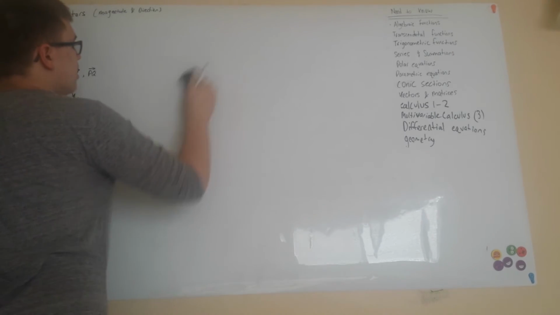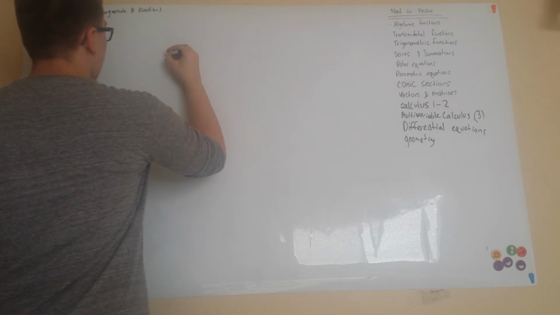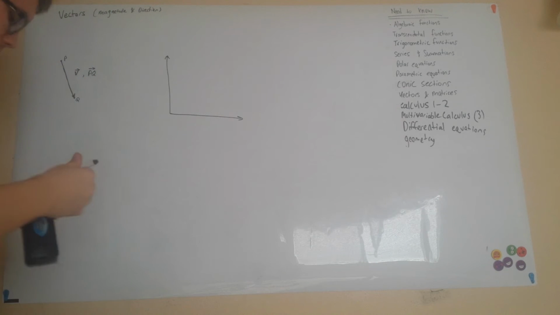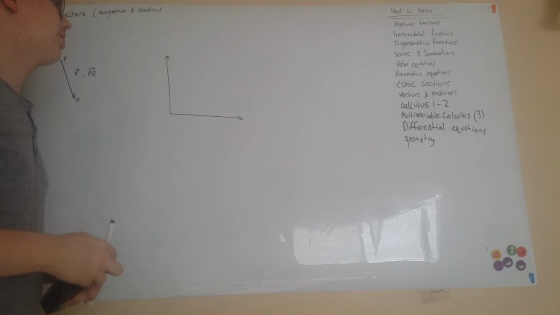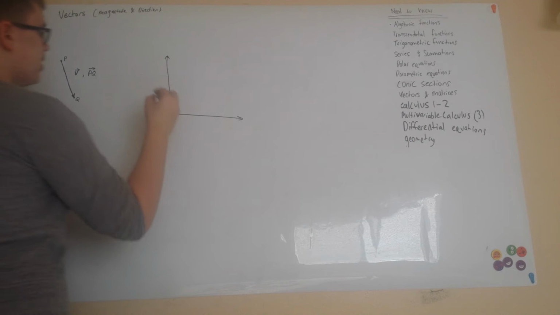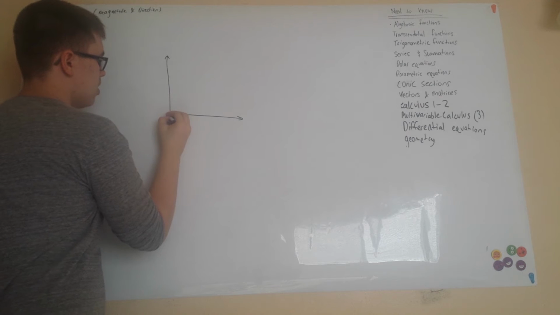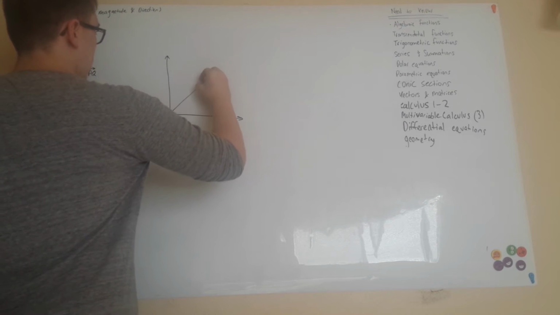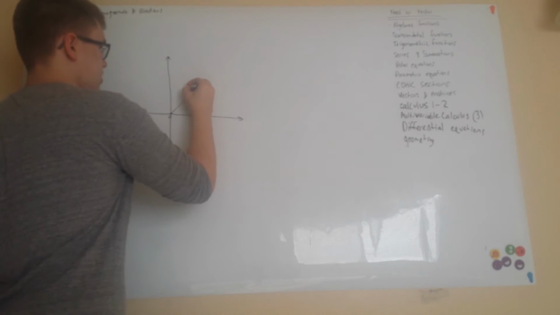Okay, so if we have an actual graph, and we're going to draw a special vector. So if we translate a vector over to where its initial point starts at the origin, and I'll draw all the axes. And if I draw vector v, our famous vector.